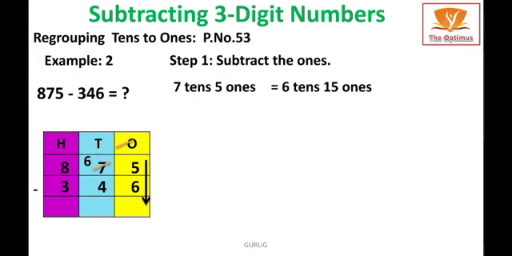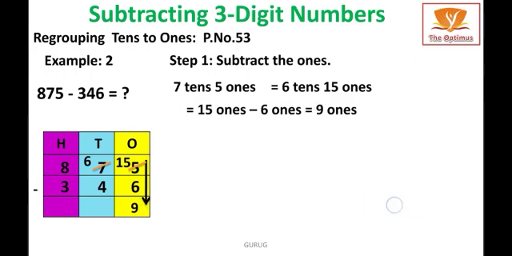This 10 ones I am going to combine with 5 ones, so it becomes 15 ones. 6 tens plus 15 ones. Now in the ones place we have 15 ones, so we are able to subtract 6 from 15 ones. 15 ones minus 6 ones equals 9 ones. 9 I am going to write in the ones place.